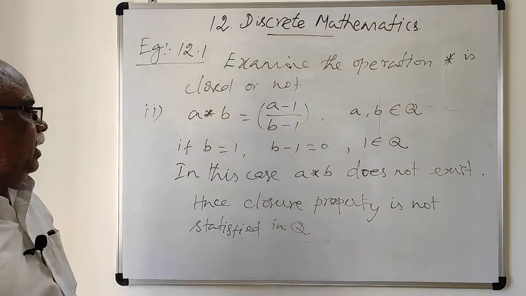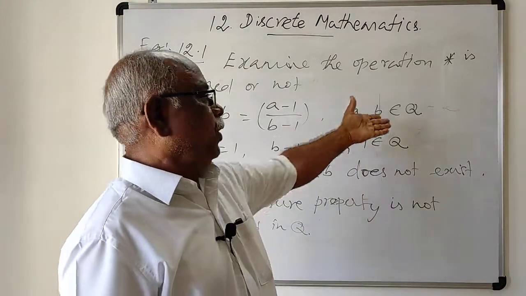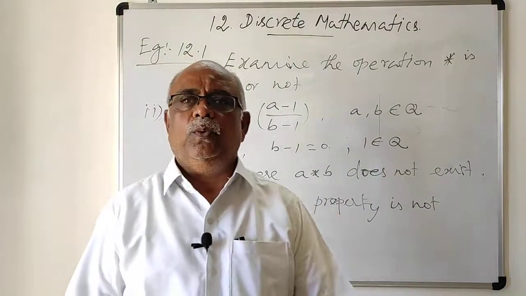Therefore, this property fails. The closure property fails in the given Q. I will stop here. We will continue in the next video. Thank you.